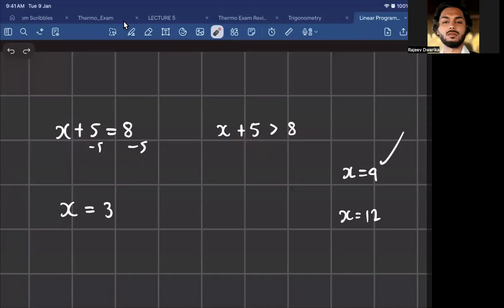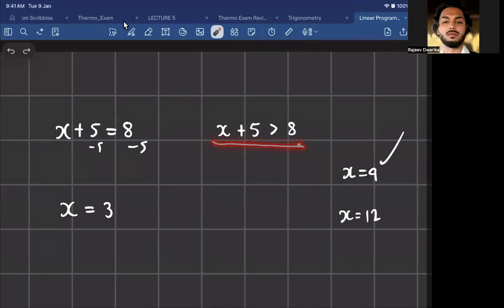Okay, good. So, Ria, what is the smallest value of x that would satisfy this inequality? The smallest value. Well, it has to be more than 8. So what could I add to 5 to give me a number just slightly more than 8? 4. 4 could work, right?